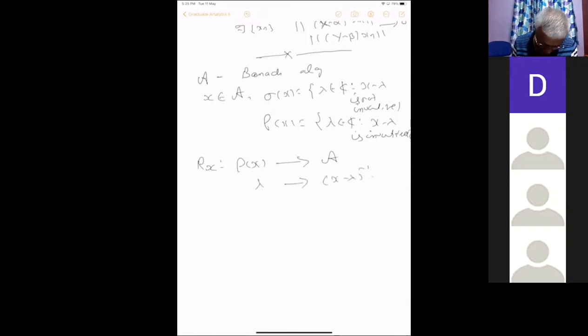Now we want to prove the following proposition, which is what is called the spectral radius formula.